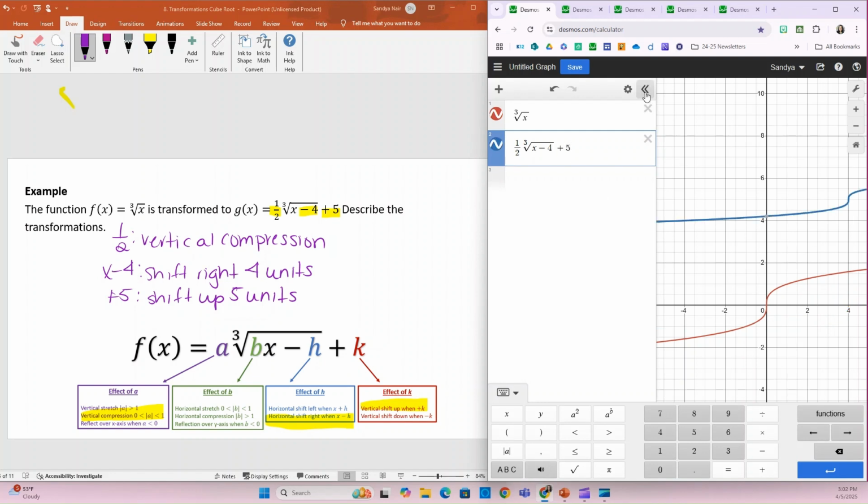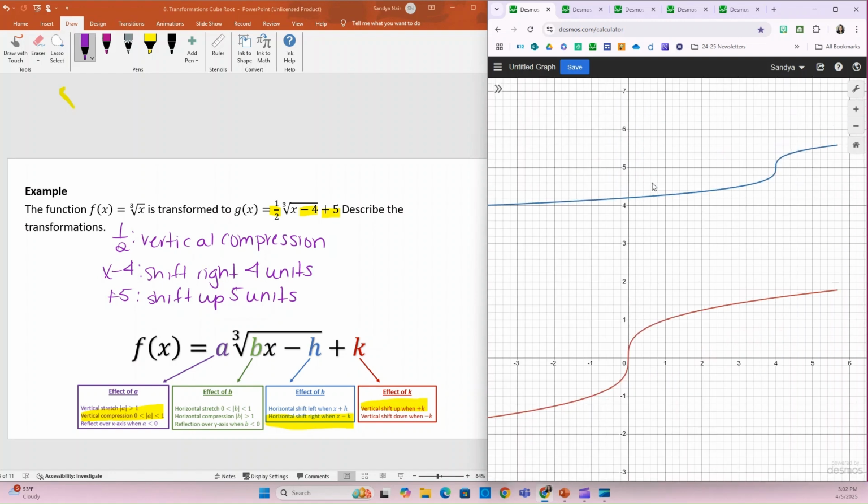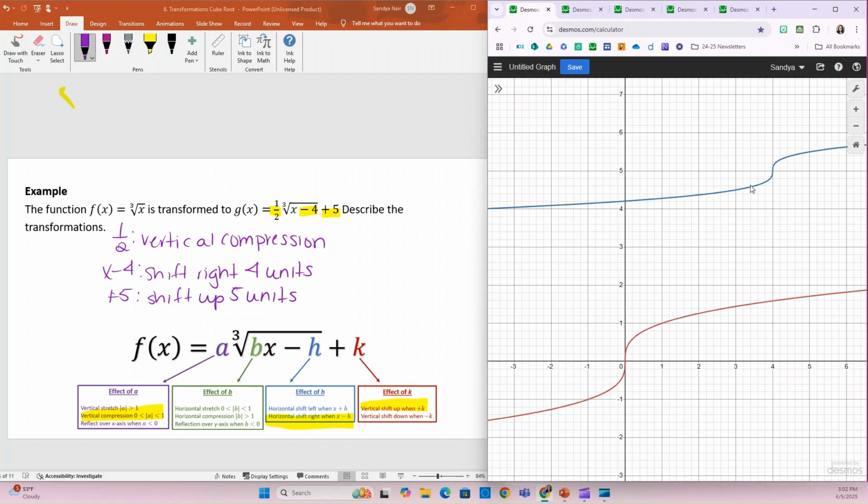Okay, so now we can see the original function in red and the transformed function in blue. You can see that it has been vertically compressed because this graph is flatter than the original graph. It has been shifted to the right 4 units. If we look at this turning point right here, it went from (0, 0) to (4, 5). And it also has been shifted up 5 units.